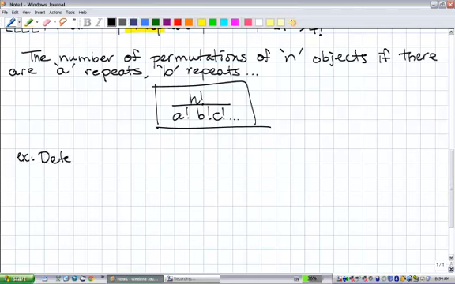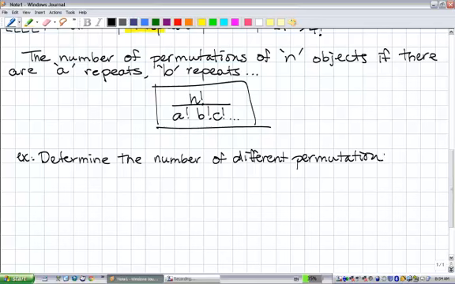So determine the number of different, and this is the key, the number of different permutations of the word. Let's start with PARALLEL.